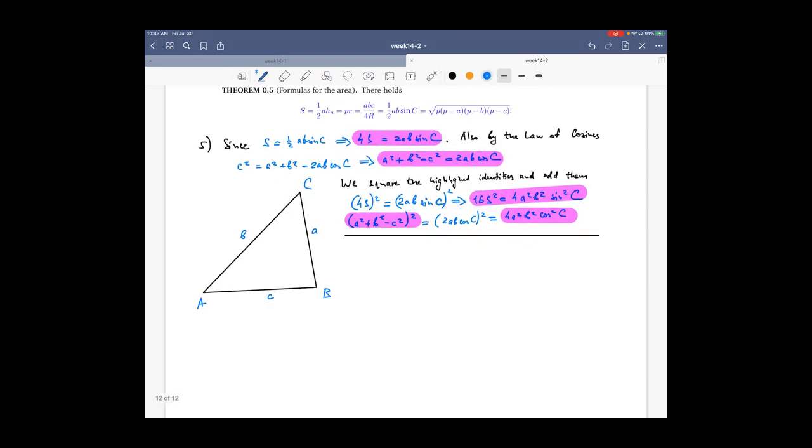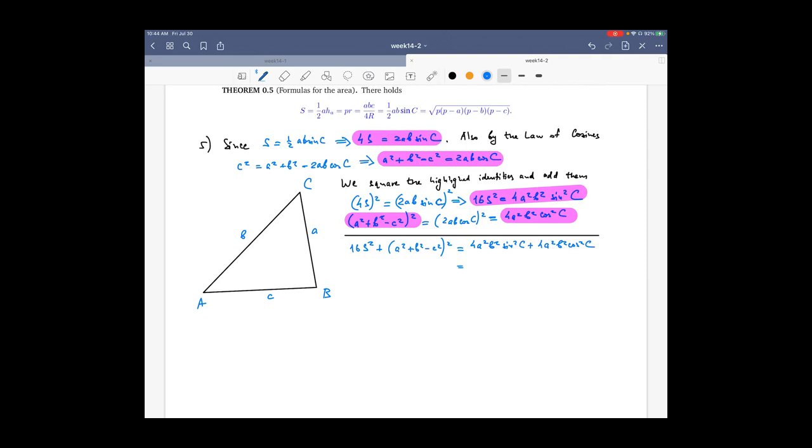So when we add them, we get 16s squared plus a squared plus b squared minus c squared, squared, equals 4a squared b squared sine squared c plus 4a squared b squared cosine squared c.